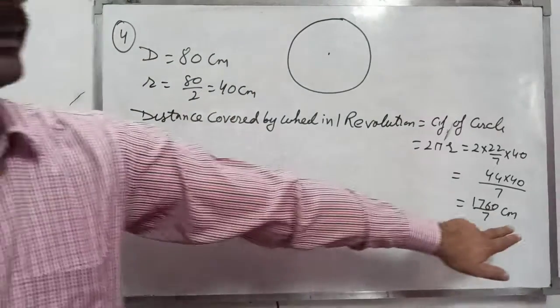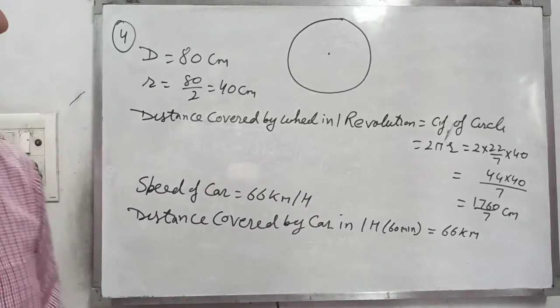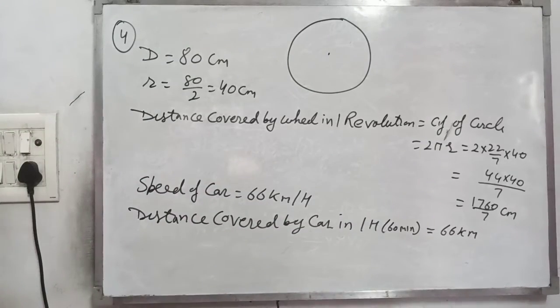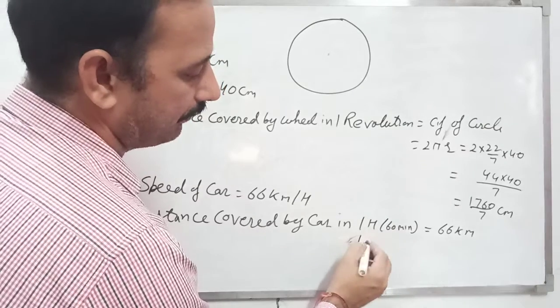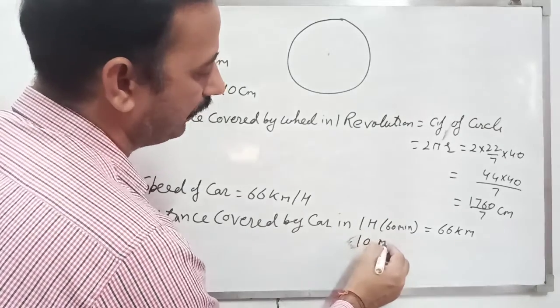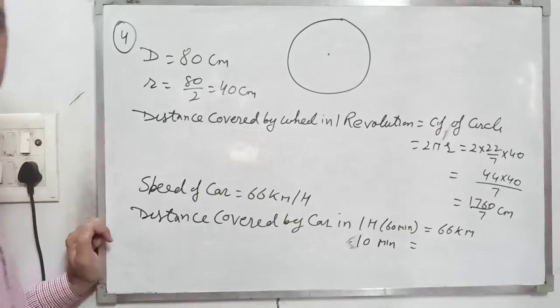But the circumference is in centimeters and this is in kilometers. So convert it all into centimeters. We find the distance covered by the car in 10 minutes.